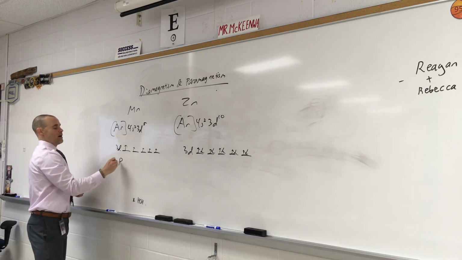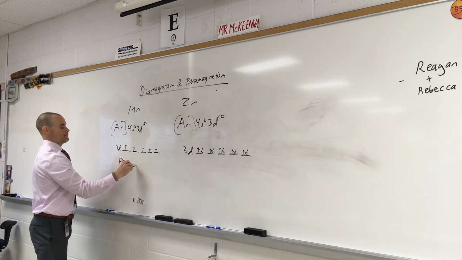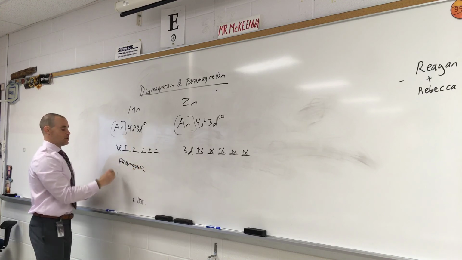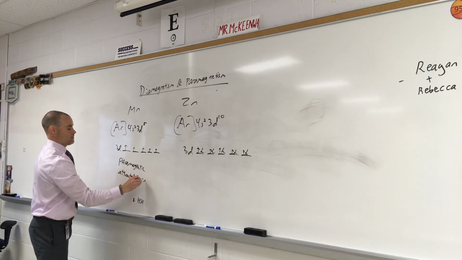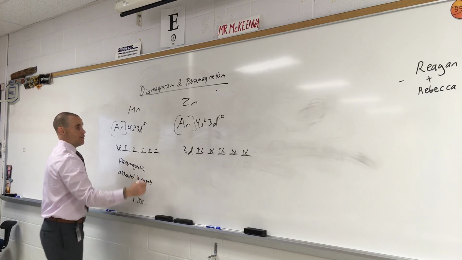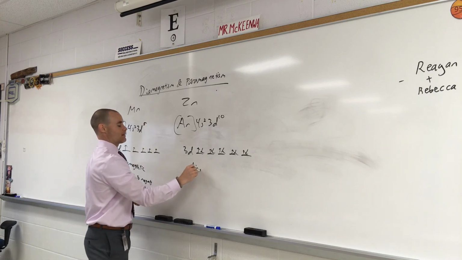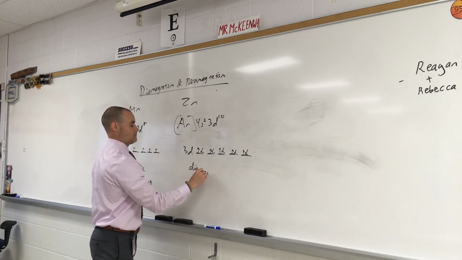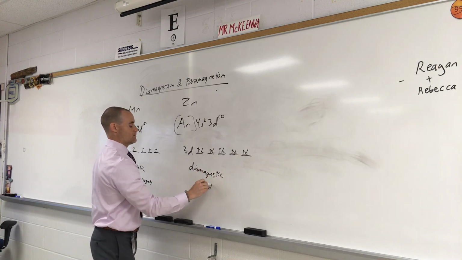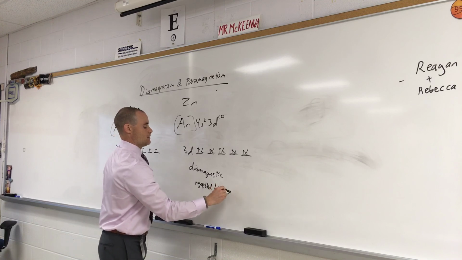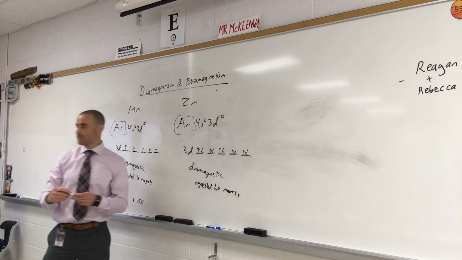This is called paramagnetic, which means attracted to magnets. This is called diamagnetic, which is repelled by magnets. What's the difference between these two?